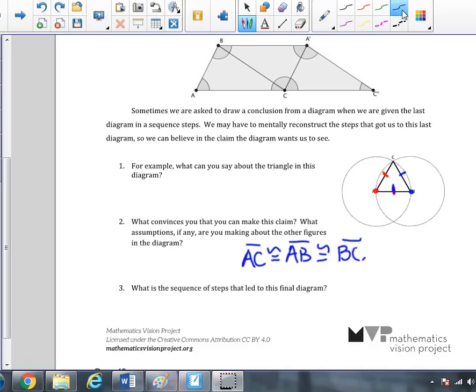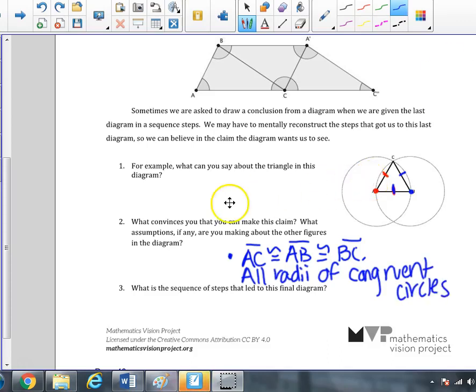The reason we can say this is because they are all radii of congruent circles. So in this question, we had to assume that circle A was congruent to circle B.